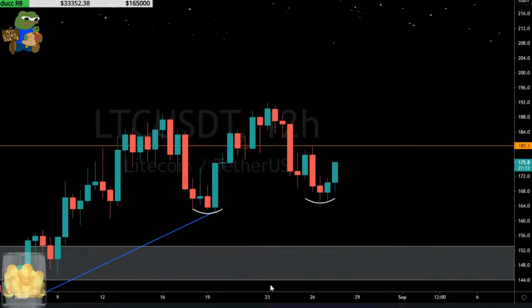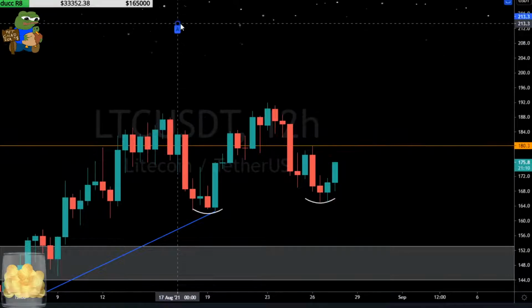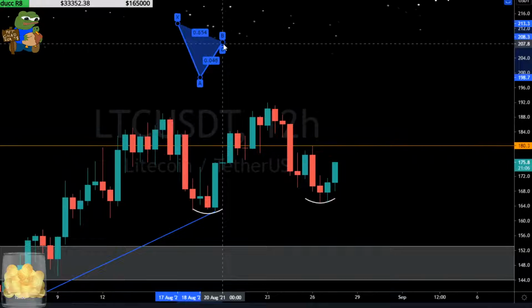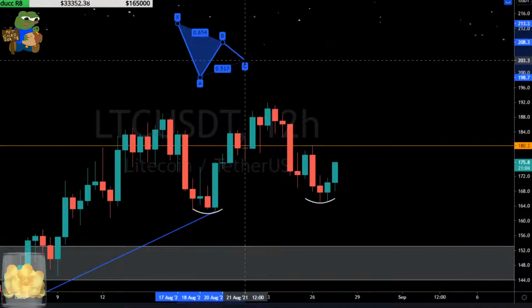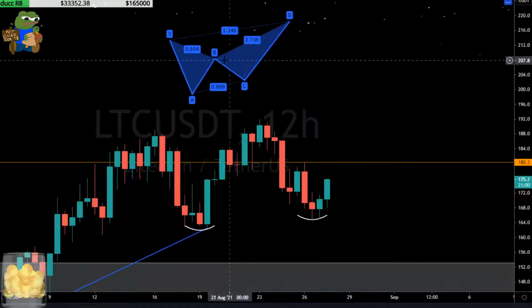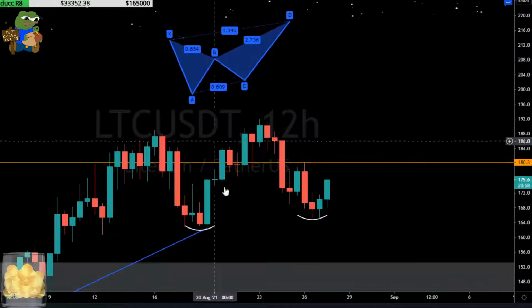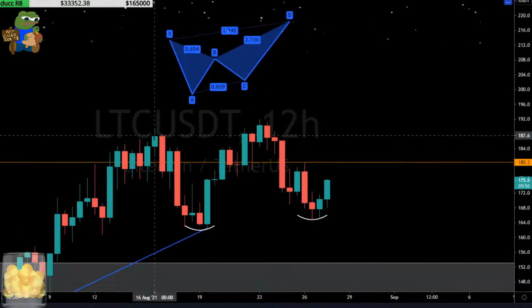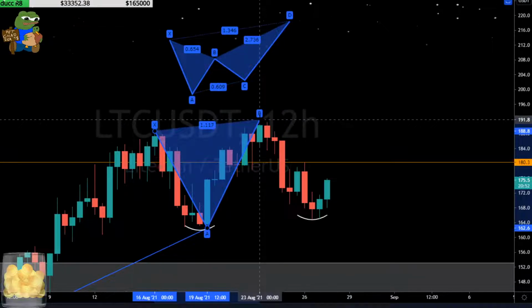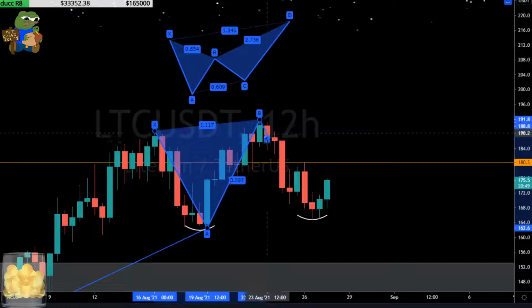Okay, look, when we do this harmonic, XA, we usually want this to be a lower B point, and then you have this higher low here, and then you send it, and this is the butterfly, right? But if you notice, our B point did not do that. XAB, you see how we extended over the X point?